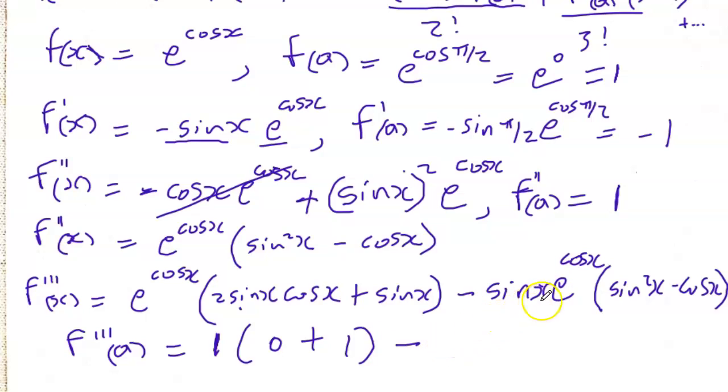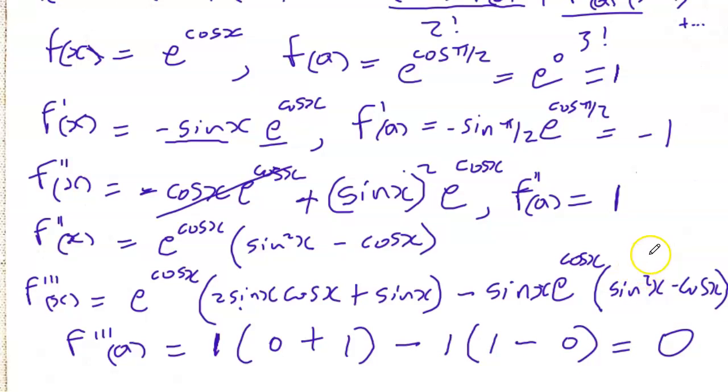So e to the 0, so I have minus 1 outside here in the bracket. Sine 90 is 1, so 1 minus cos 90, which is 0. So what I really have now is in the first bracket, 1 times 1, which is 1. So everything becomes 0. Alright?